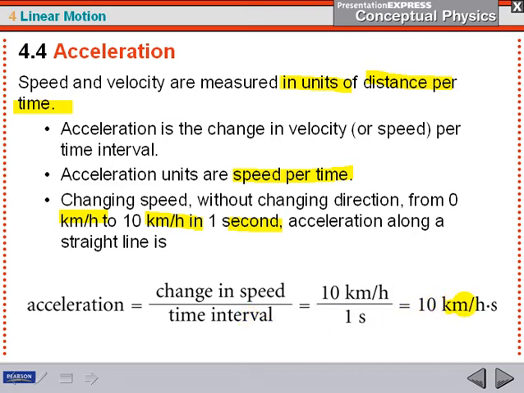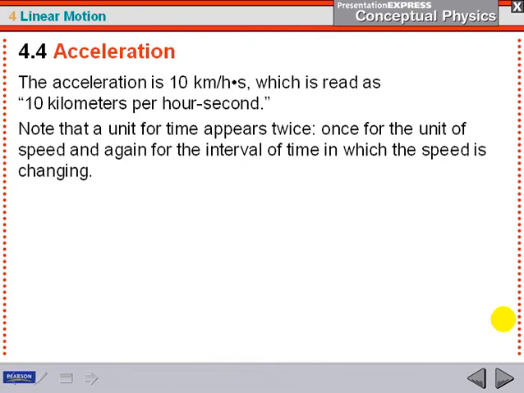So we end up with this very strange looking unit, kilometers per hour per second. That's a unit of speed, kilometers per hour, over a unit of time, seconds. The seconds is in the denominator here. So it's often a unit of distance divided by a unit of time divided by another unit of time.